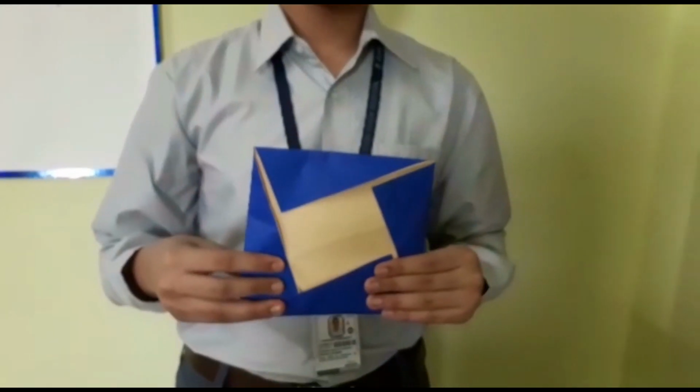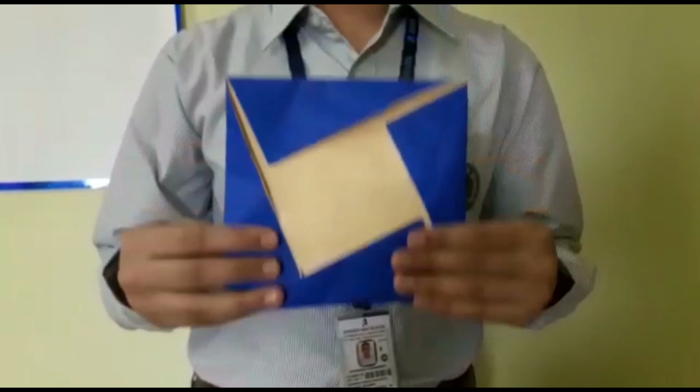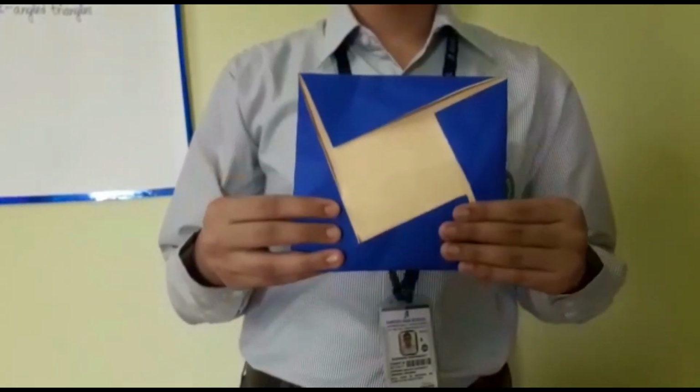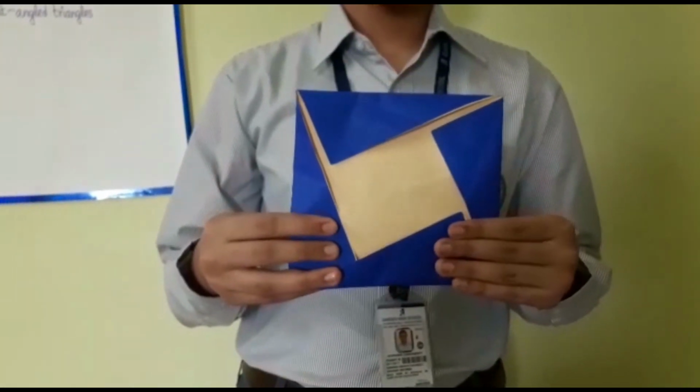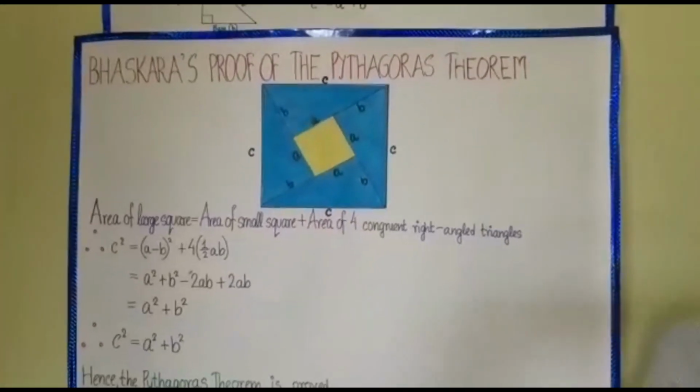Here we have obtained four congruent right-angled triangles with a small square inside it and all together contained in a large square. Now let us look at the mathematical proof of the Pythagoras theorem.